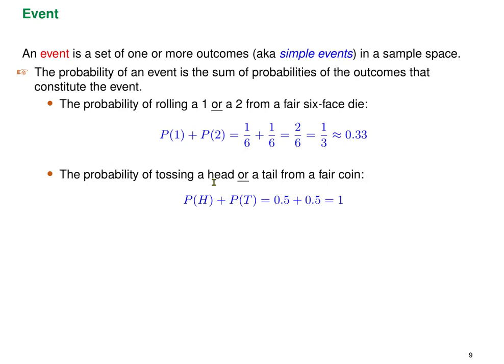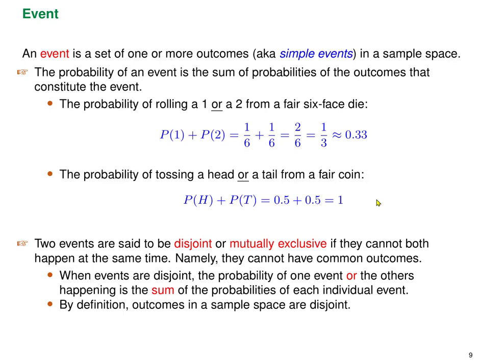The probability of tossing a head or a tail from a fair coin is again equal to the probability of a head plus the probability of a tail, which equals 0.5 plus 0.5 equals 1. In this case, since the sample space consists of only these 2 outcomes, their probabilities must add up to 1. 2 events are said to be disjoint or mutually exclusive if they cannot both happen at the same time.